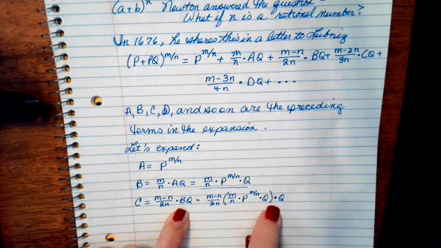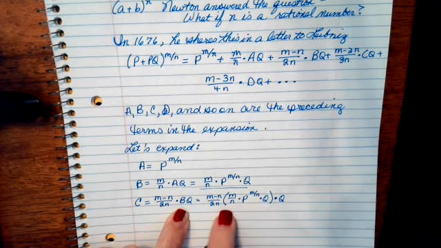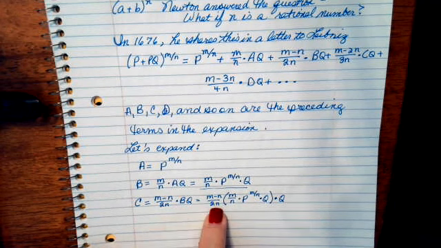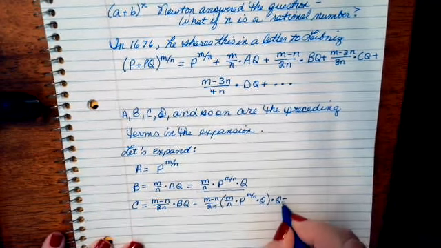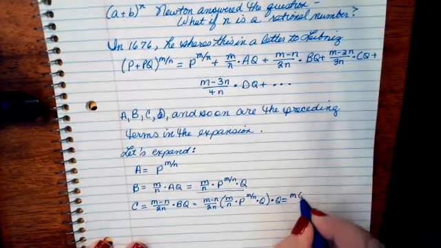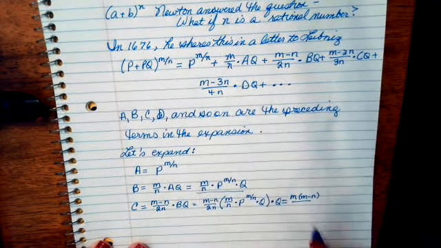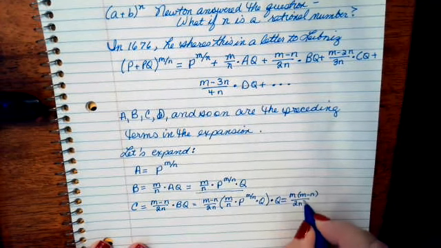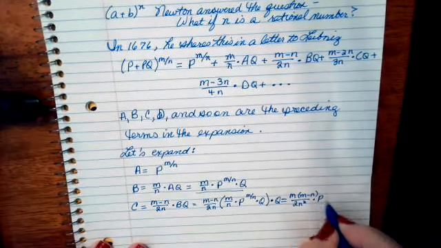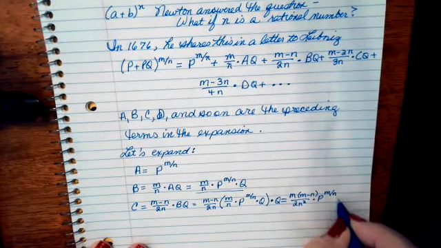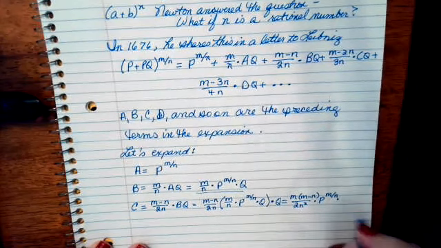So when I simplify this, I'm going to rewrite this so that I've got one fraction here. I've got m times m minus n all over 2n times n is 2n squared, times P to the m over n, times Q is Q squared.